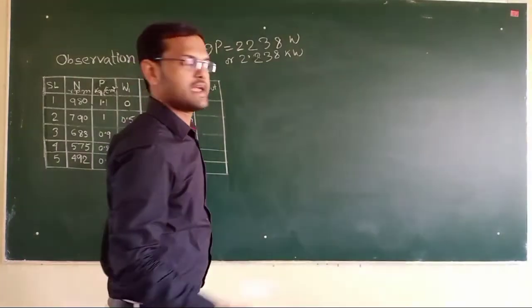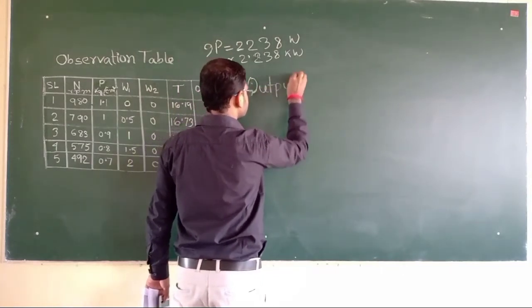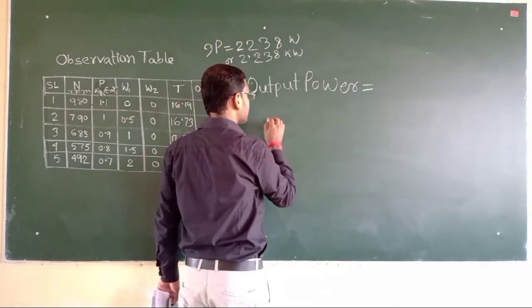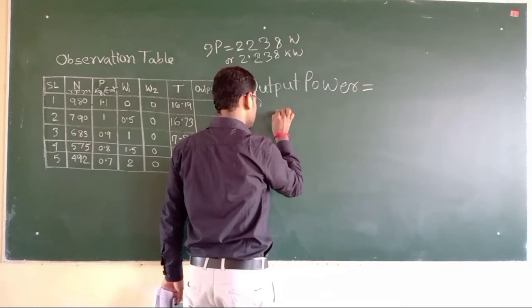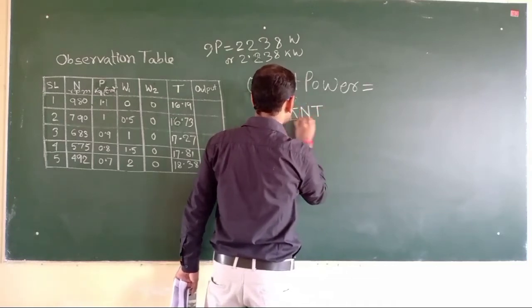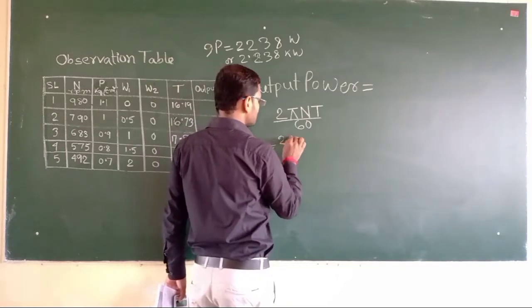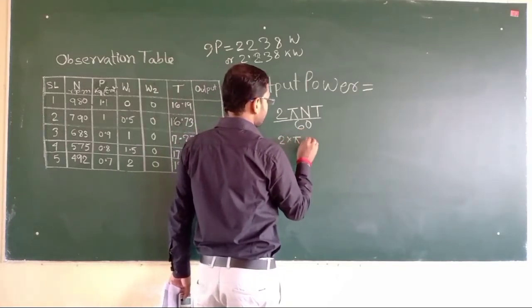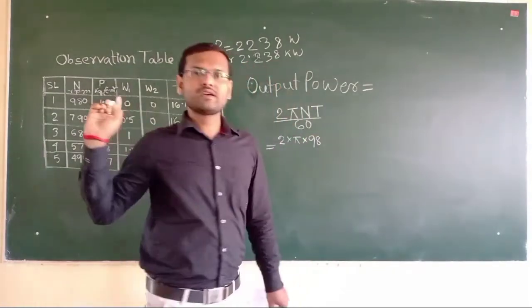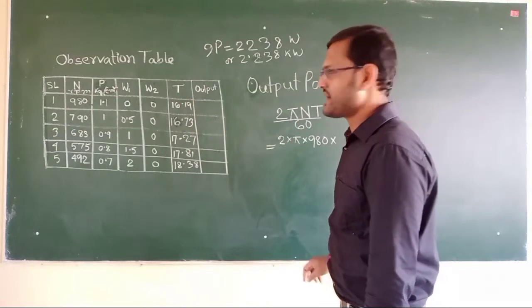The formula of output power is equal to 2 pi N T by 60, equal to 2 into pi into N, where N equal to 980, and T equal to 16.19.